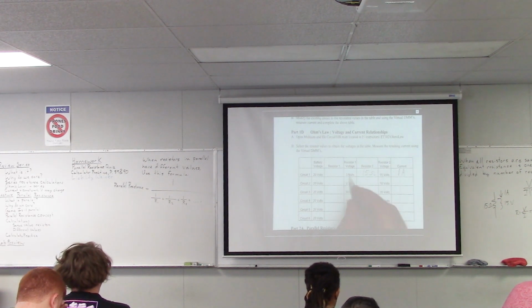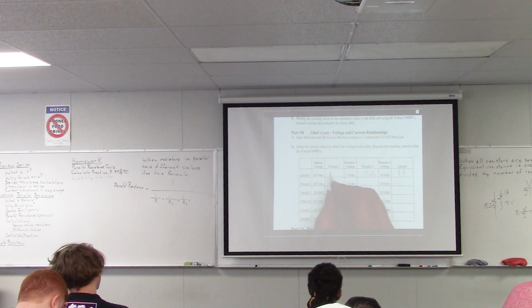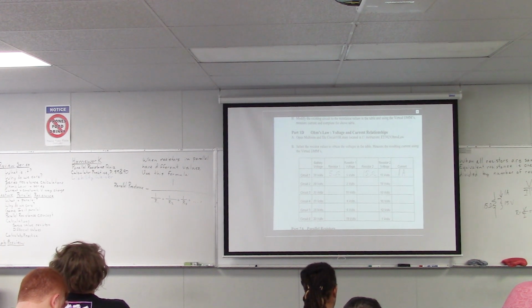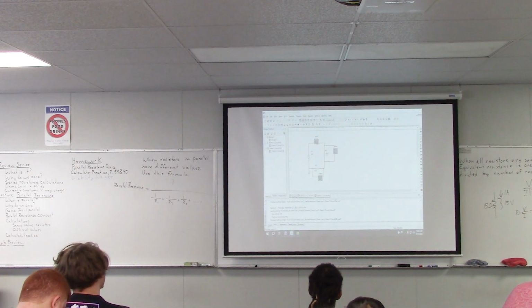By the same token, over here, if we want to get 5 volts, we could do the same calculations and we would get a resistor value of 5 ohms. Then we go over to Multisim and plug in these values and make sure that our current matches what we think it should be. We've got 20 volts from the power supply.